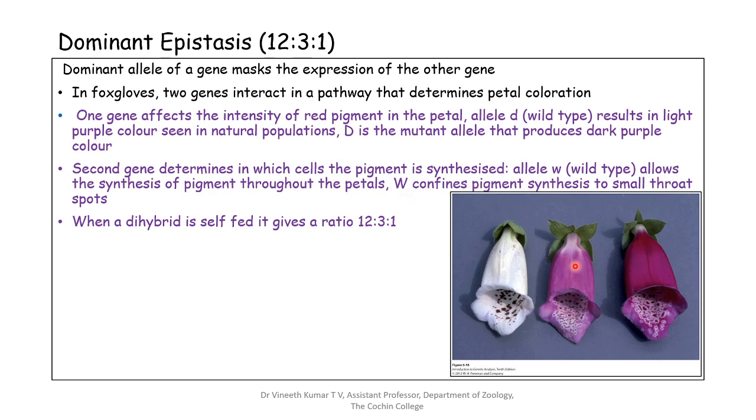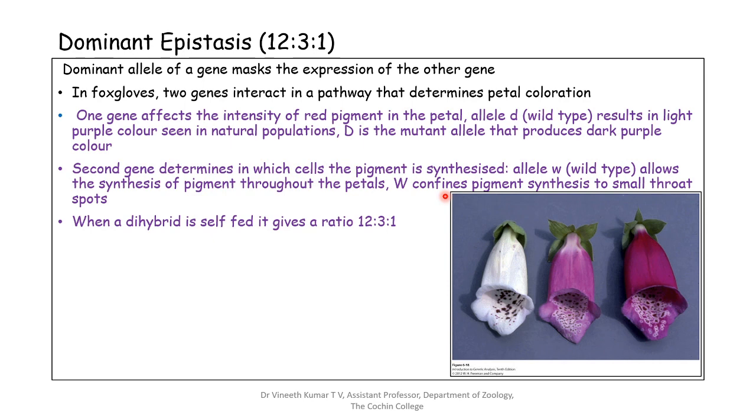When small w is present, the pigment will be synthesized all through the petals. And if the other allele, the mutant allele capital W, is present, capital W is an inhibitor.